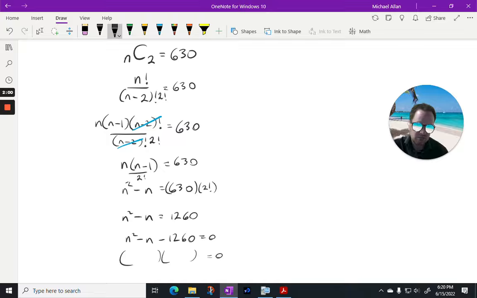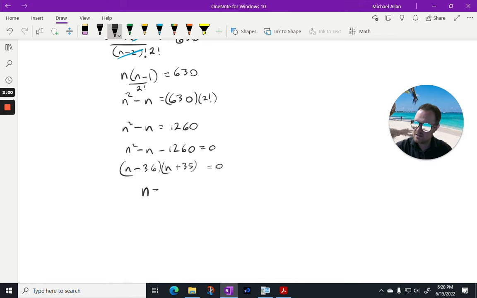No. Guess 30. Oh, it's 35. Okay, so I know 35 and 36. They're one apart from each other. So n minus 36 and n plus 35. I want to add to a negative number. Then I look at that and I say n is equal to 36 or negative 35.